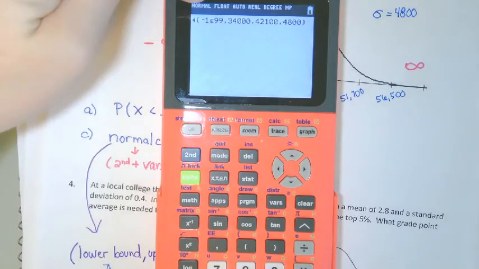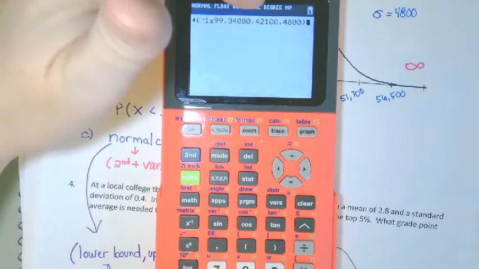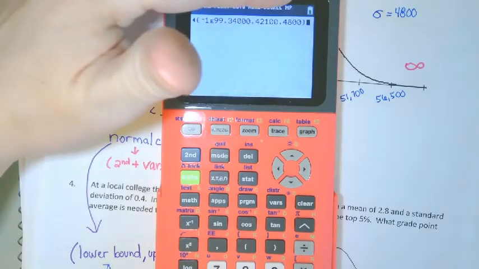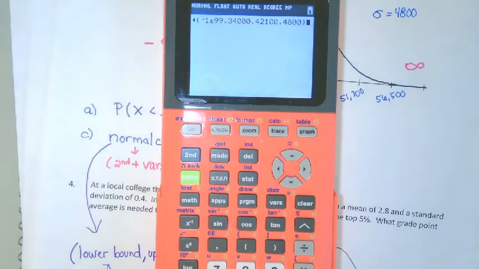You have your negative infinity, comma, 34,000, comma, the mean, comma, standard deviation. Now I'm just going to hit the enter key, and it's going to give me a long decimal.